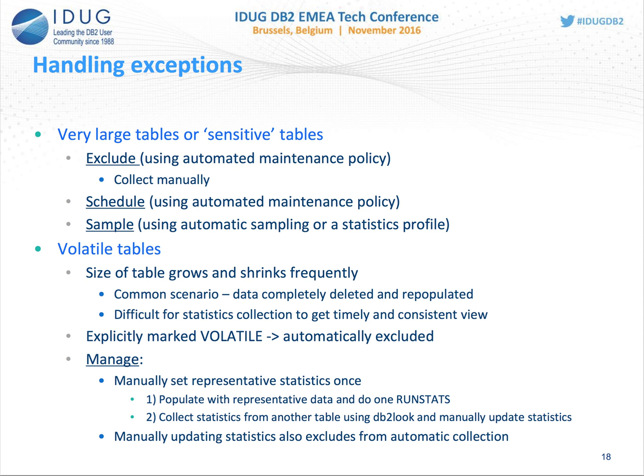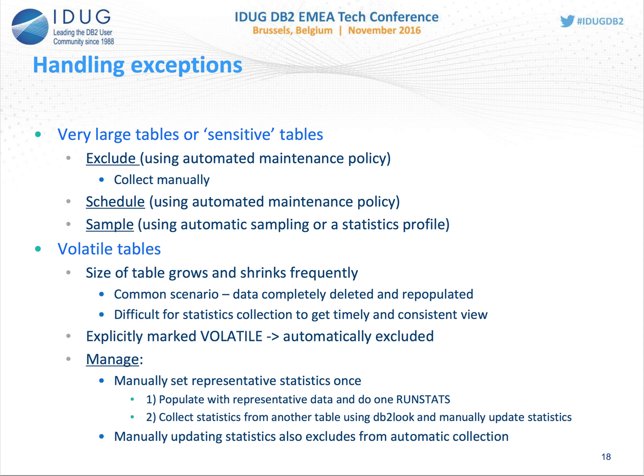Various different flavors of tables can have these characteristics. The issue with them is that because the data is changing so frequently, it's hard for the real-time stats and auto stats to keep up with it and have a consistent view of the stats. So one way to handle that is you can just exclude those, and manage those on your own.